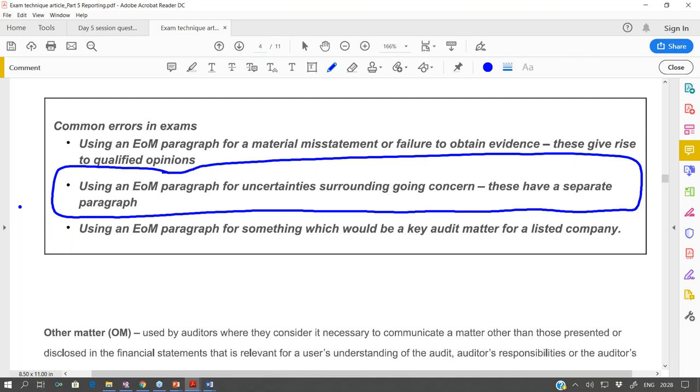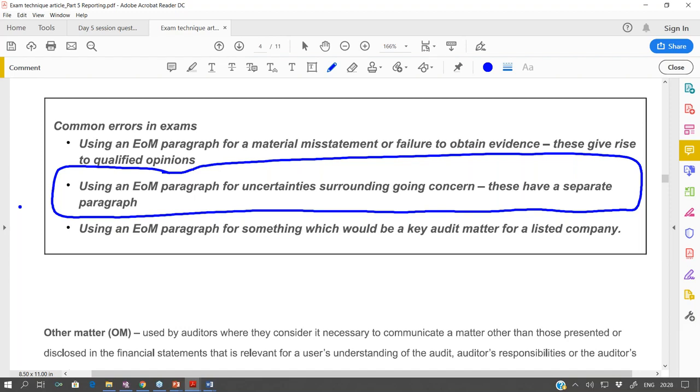If there is a material uncertainty relating to going concern which has been disclosed in the financial statement, will we add an emphasis of matter paragraph? No. Examiner is saying they have a separate paragraph. Is there a separate paragraph for material uncertainties relating to going concern? MURGC. Should we write material uncertainties in going concern in an emphasis of matter paragraph? Is everyone clear on that?